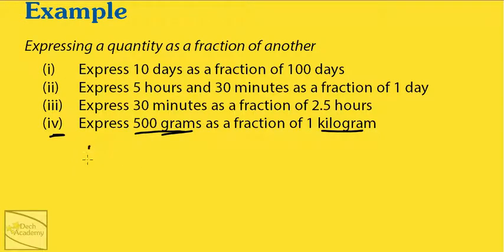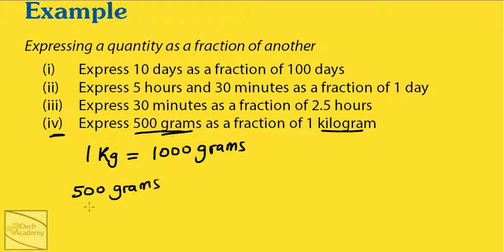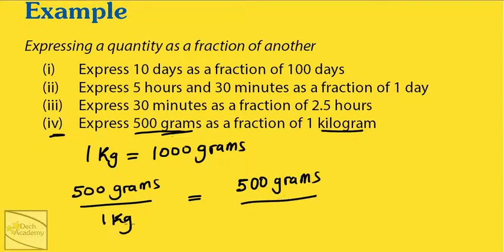Now, as you know, 1 kilogram is equal to 1,000 grams. So what I'm going to write is 500 grams divided by, what's a kilogram in grams? 1,000 grams.